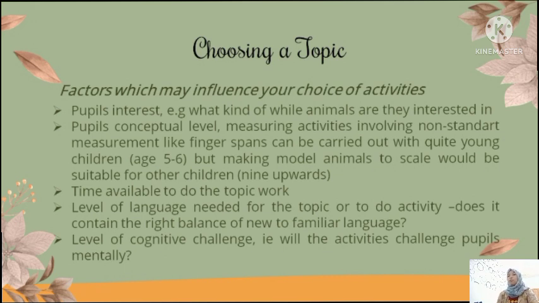Then pupils' conceptual level, such as measuring activities involving non-standard measurement like finger spans can be carried out with quite young children, age 5 to 6, but making model animals to scale would be suitable for older children from 9 upwards. Then the time available to do the topic work. Next is the level of language needed for the topic or to do the activity. Does it contain the right balance of new to familiar language?